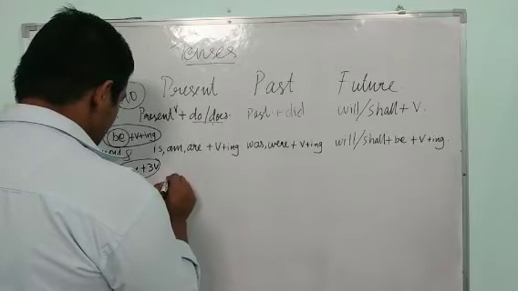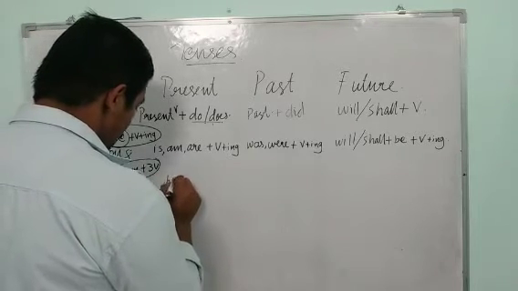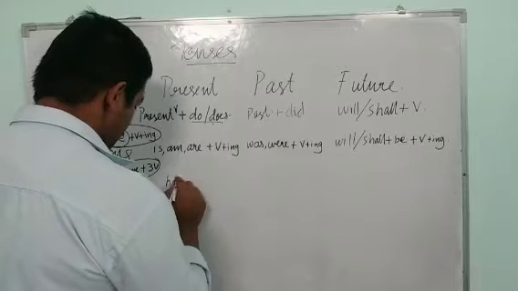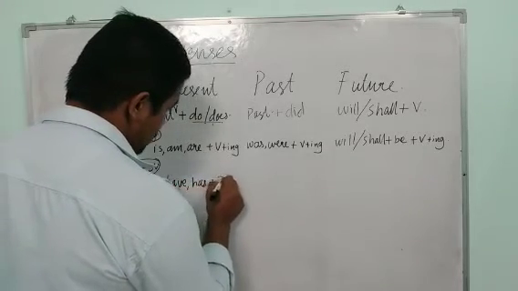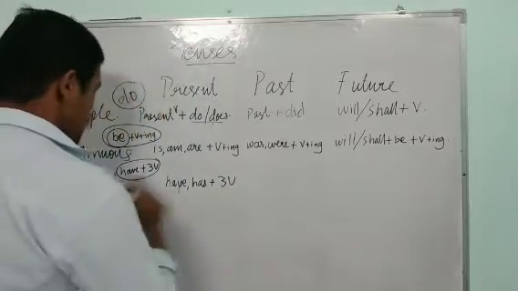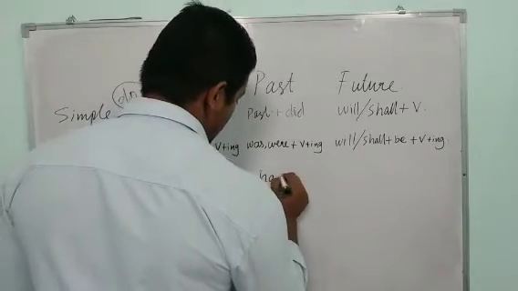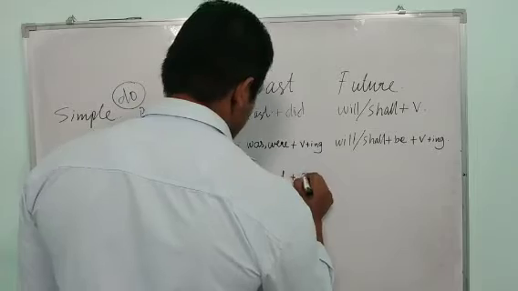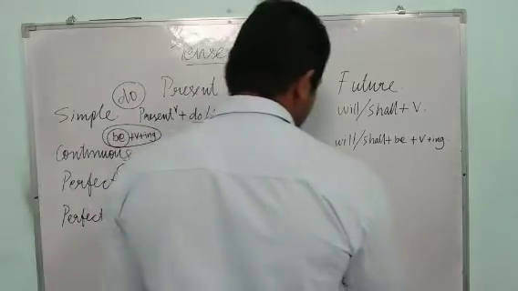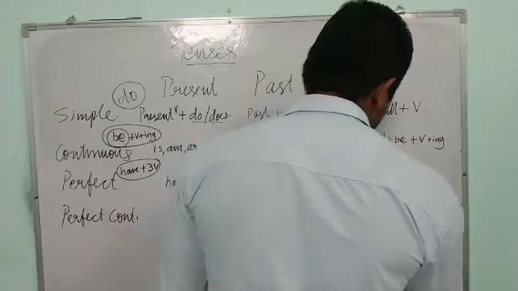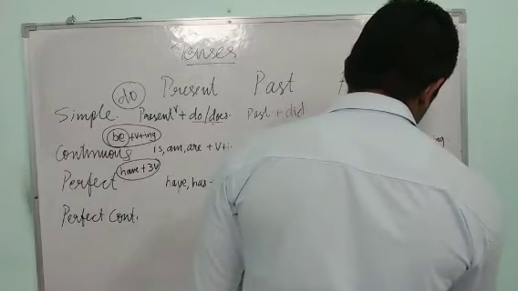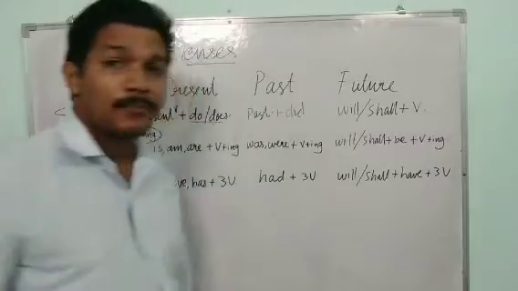In present perfect tense we use have or has plus third form of the verb. In past tense we use had plus third form of the verb. And in future, will or shall plus have plus third form of the verb.